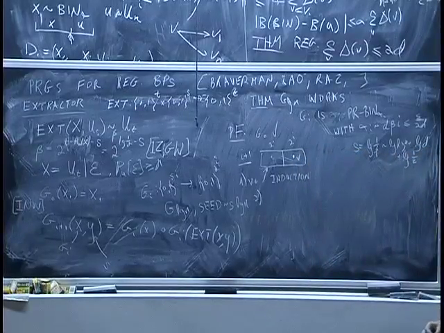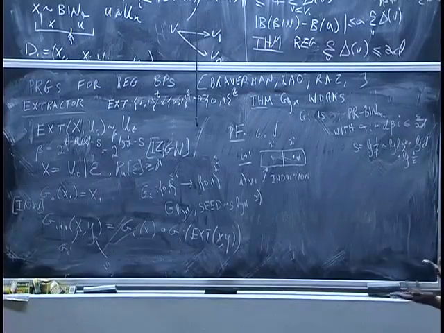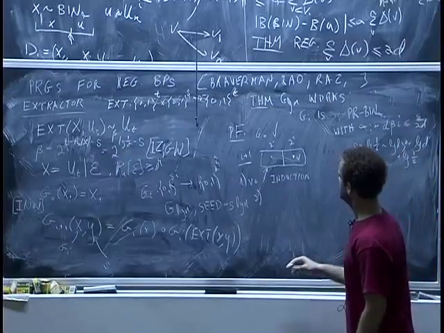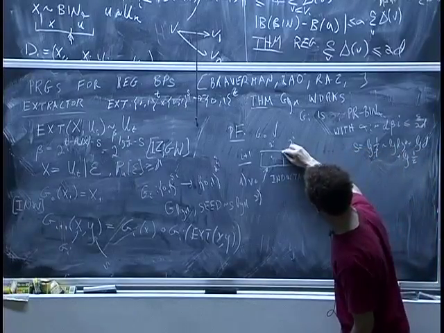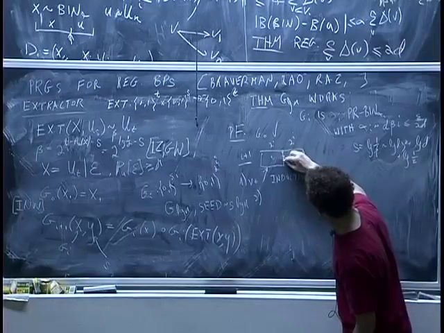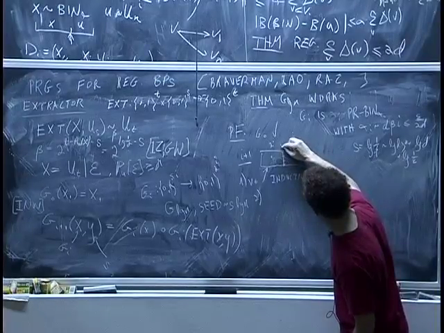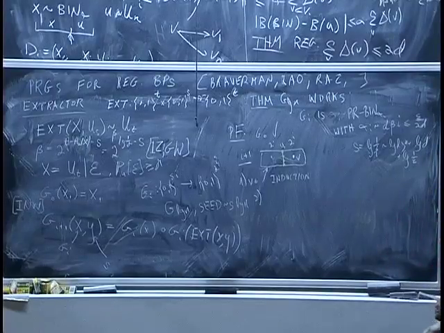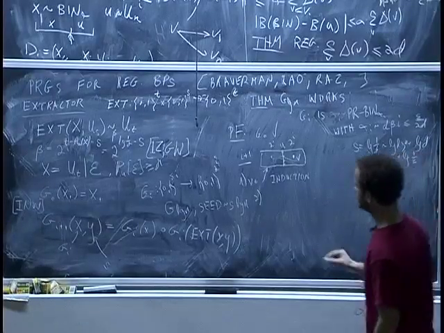And now we'll use the fact that it's a branching program. This is another place that we must use it. We'll go over all vertices U here, and see what happens. There are two cases.